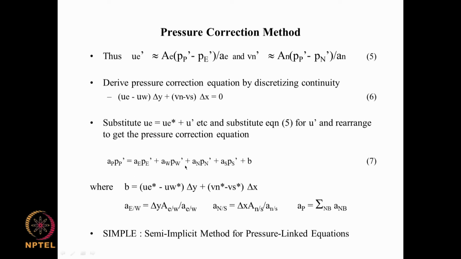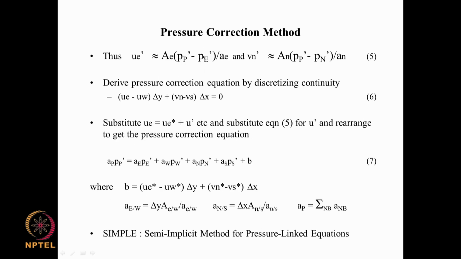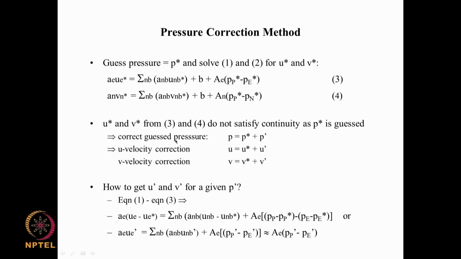So, once you get the pressure correction, then you can put that here and get a new pressure, and you can also estimate the velocity correction induced by the pressure correction here, and we can get velocity corrections. So, we get new u and new v.